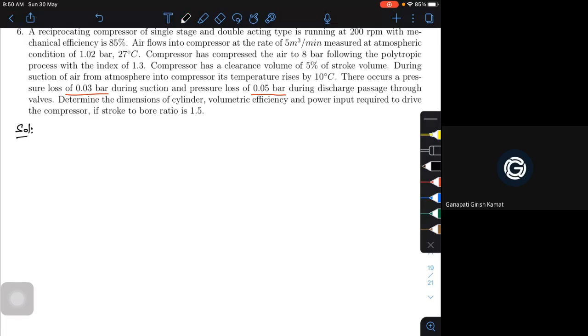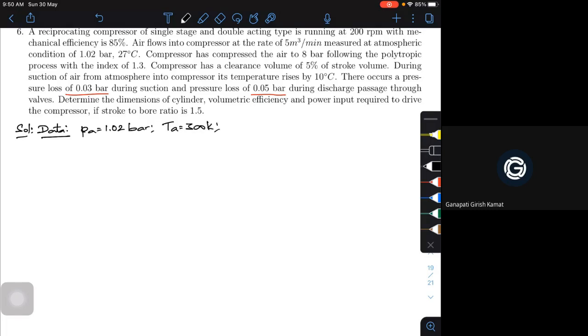Now, all the things at atmosphere, let me call the atmospheric conditions PA. So PA, the atmospheric pressure, is 1.02 bar. TA, the temperature of the atmosphere, is 27 degrees Celsius, so 27 plus 273 is 300 Kelvin.